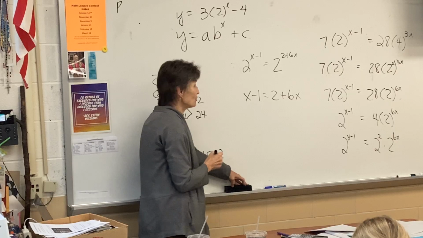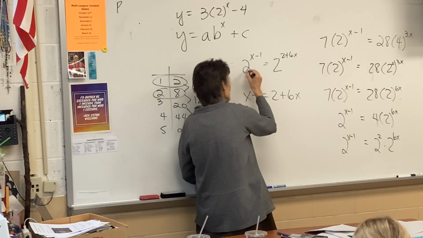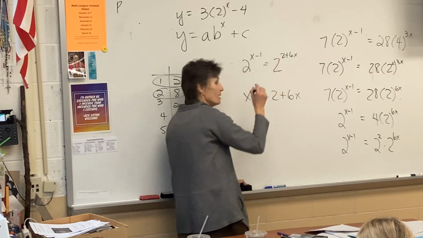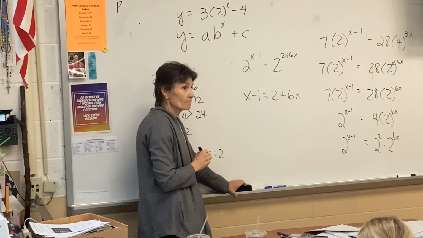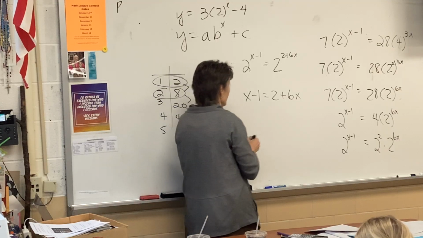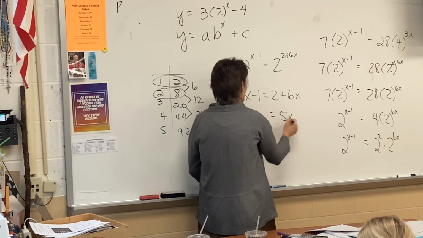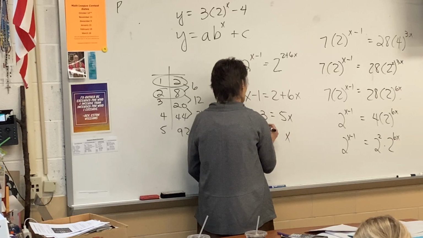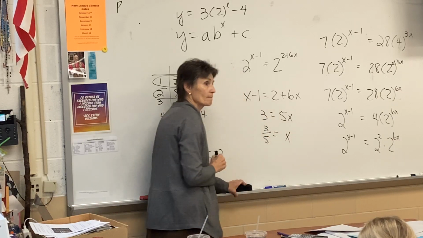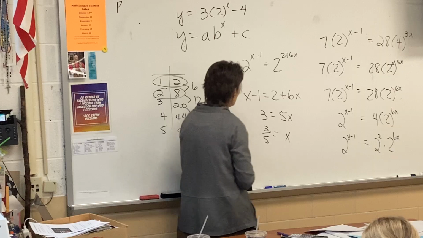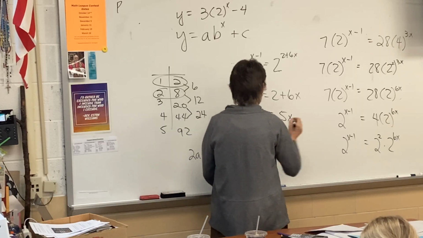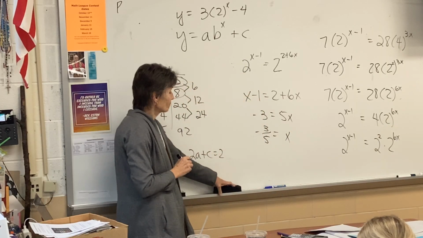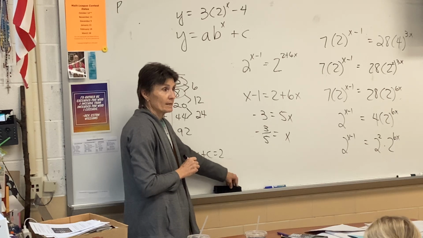You can't do that until you have 2 equals 2. Then you can drop them. And it looks like 5x. Did you get 3/5? I got negative. Negative, that could very well be. Yep, it sure is. Thank you, Sam. Negative 3/5.